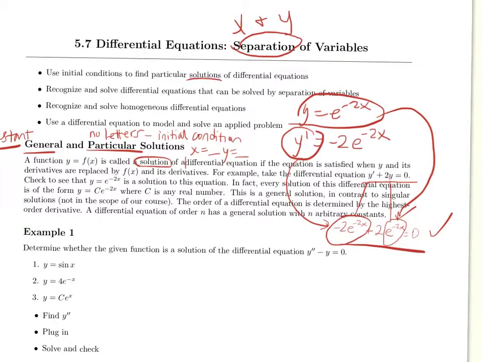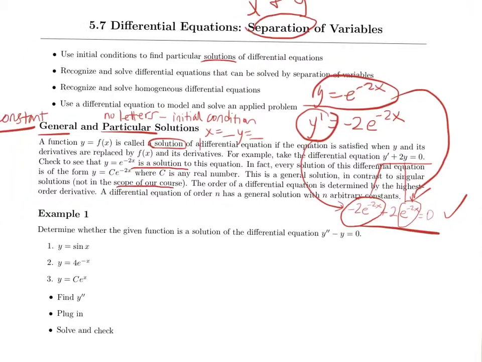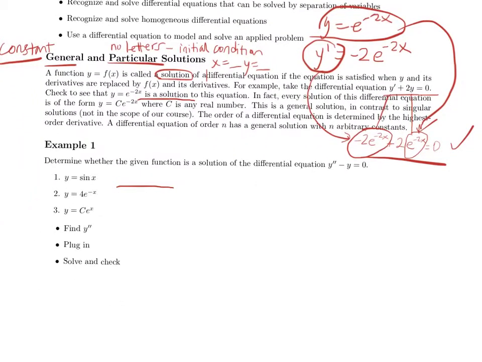All right. So that's what we're looking for here. So this is a specific solution. We would find that even if our solution that we picked had a c out in front, so some constant times e to the negative 2x, it would still work. That would be our general solution.